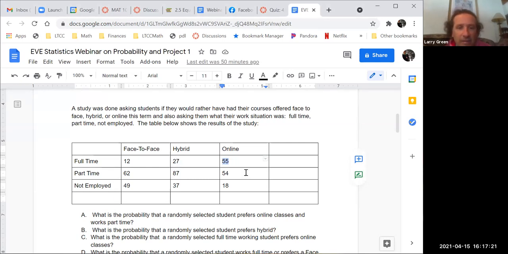That means there were 55 students who work full-time and would prefer online class. Does that make sense? Any questions on how to read a table like this? Okay, there's nothing fancy, but they happen a lot. They're called contingency tables. You've probably seen them before, but they come up in chapter 3 and in probability.